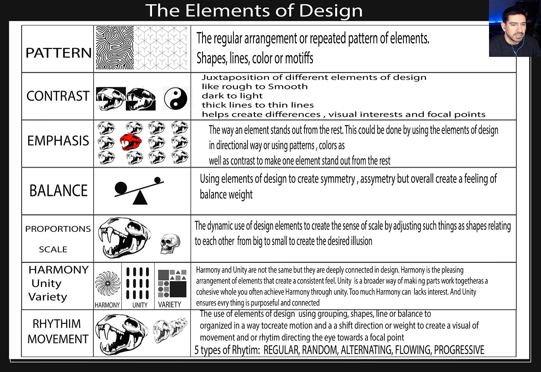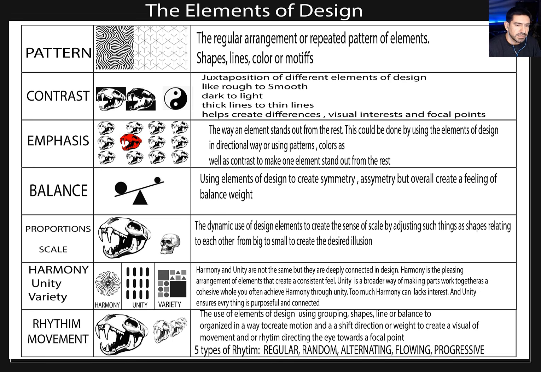Contrast is a juxtaposition of different elements of design, like rough to smooth, dark to light, thick to thin lines, wide, narrow. Anything that contrasts each other is an element that you have, and it helps create the difference between visual interests and focal points.